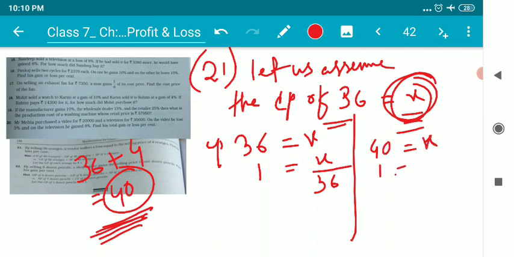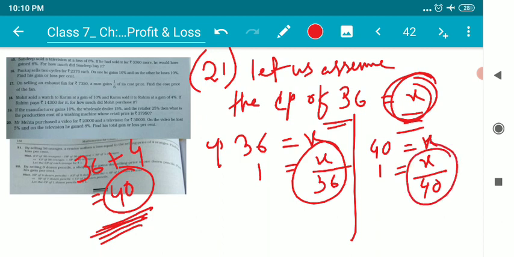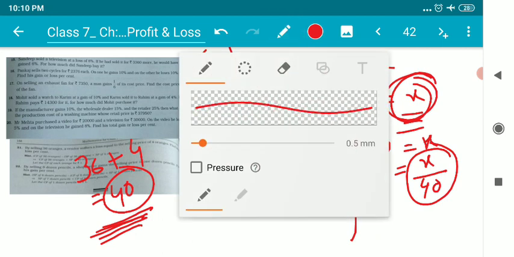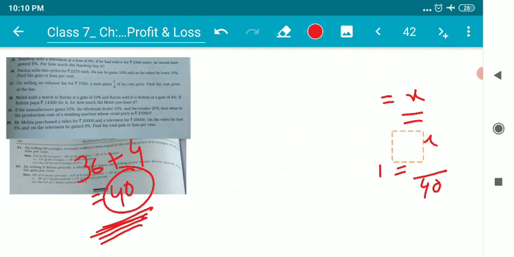So the selling price of 1 orange is x by 40. Yes or no, children? So I got the cost price of 1 orange is x by 36, and the selling price of 1 orange is x by 40. Of course, he is making a loss, as is mentioned in the question. What is the amount of loss?